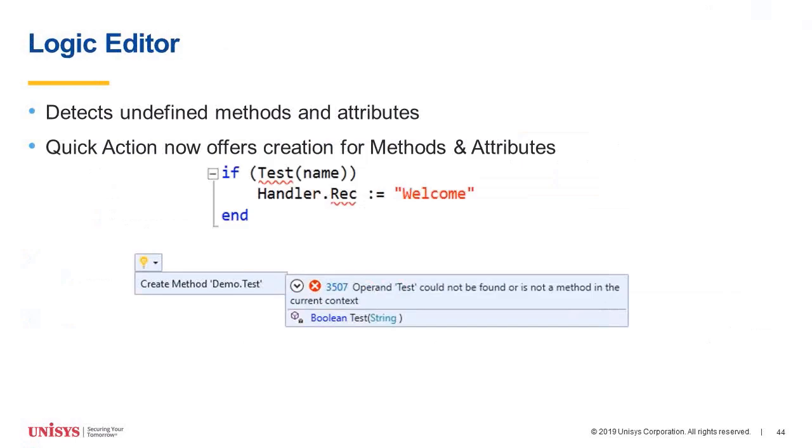One of the things we're doing within that in 7.0, which you'll see from within the editor, is that it will now automatically detect whether you have undefined methods or attributes, detecting meaning the commonly seen red squiggly underline.